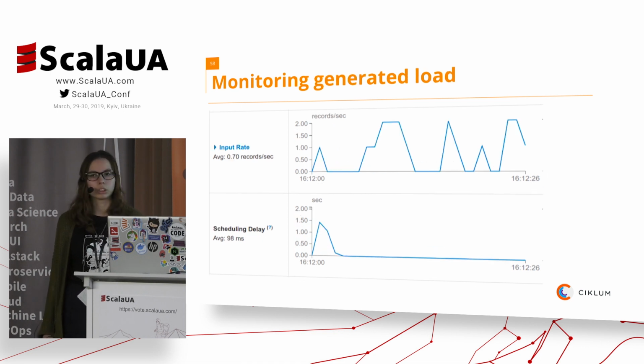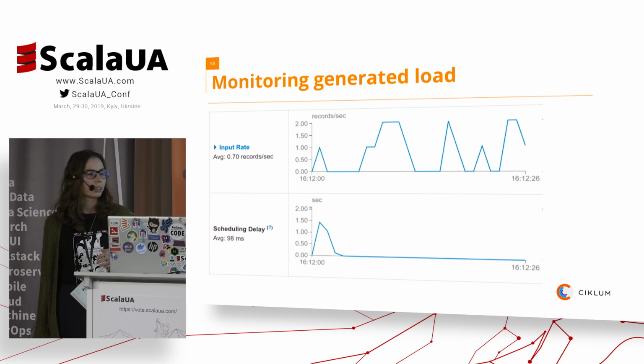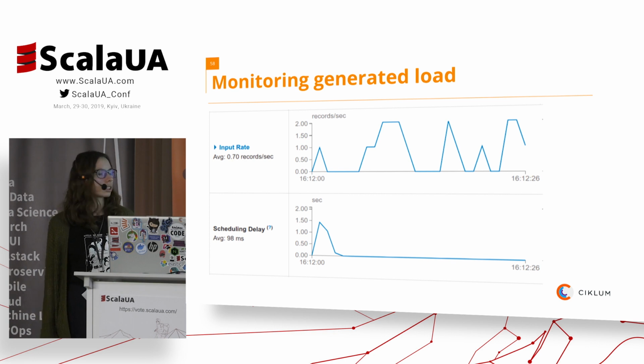But I've monitored a bit different load. I've increased the batch size in Kafka, and the amount of time to wait to send it, I decreased to 0. So as soon as we get the data, we just send it, and that's why we see there is a load, and there is a scheduling delay in the beginning because too much data got generated. But over time, if we monitor our system, we could see that there are a lot of spikes on this graph.